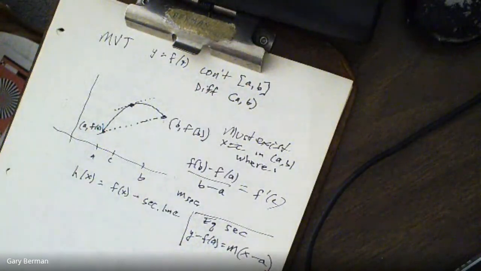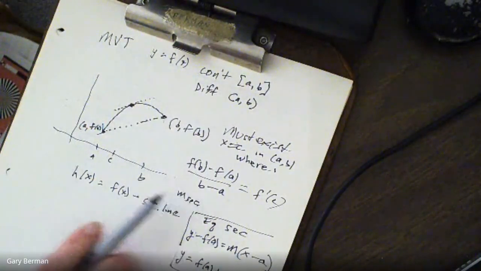I'm using the point slope formula with the point a, f of a. And solving for y, I get that y is f of a plus m of the secant times x minus a.